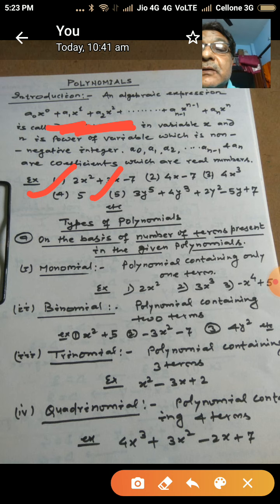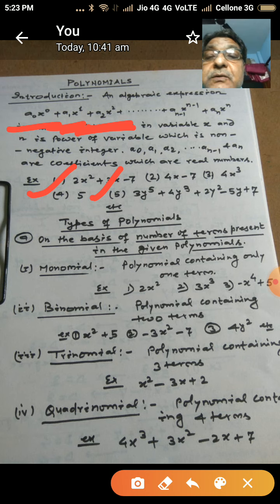And you consider the first term where a0 x0 is actually, in the place of a0 there is minus 7 and x to the power 0 means 1, so it is minus 7.